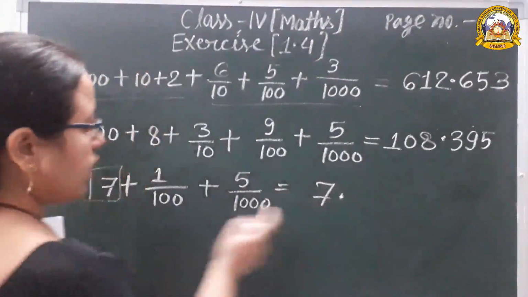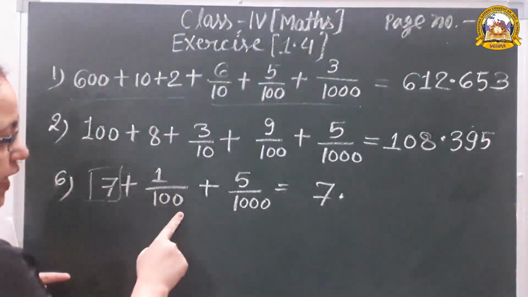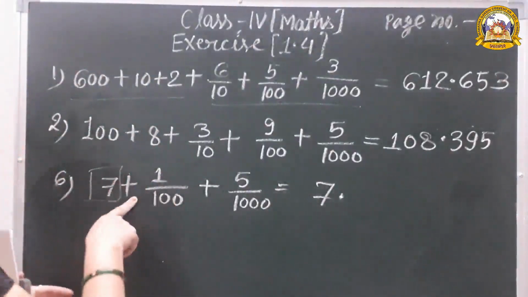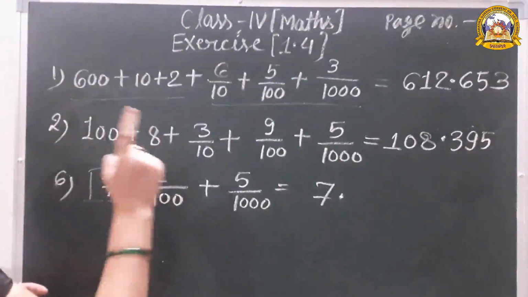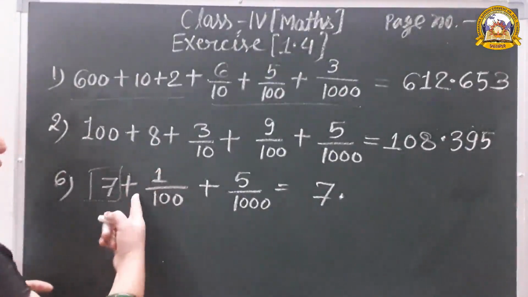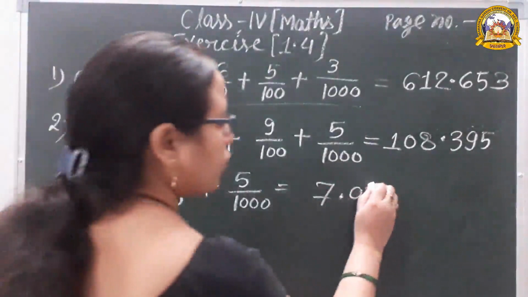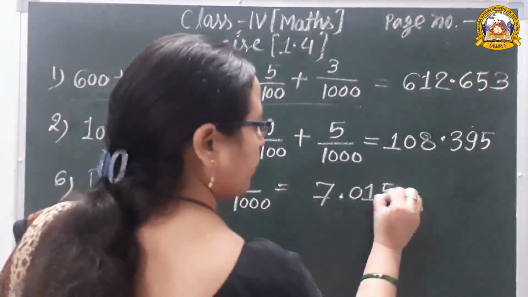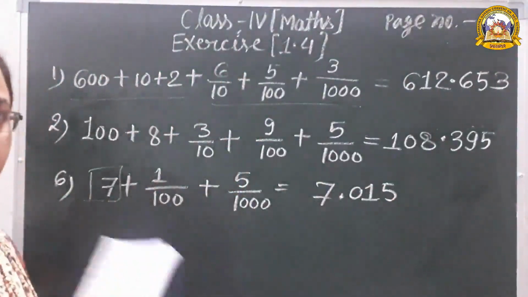Then put the decimal. 1 upon 100 is written there, which means the hundredths place, and no digit on the tenths place. That is why we put 0 here. And then 1, then 5. This is the short form of this expanded number.